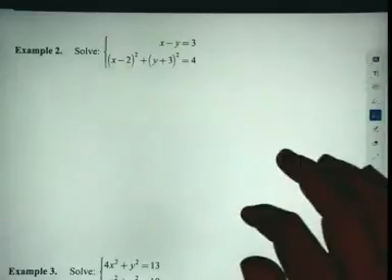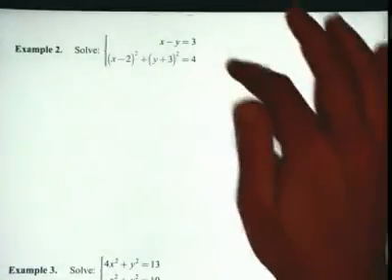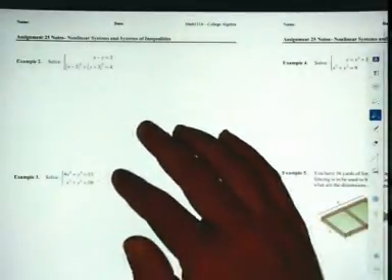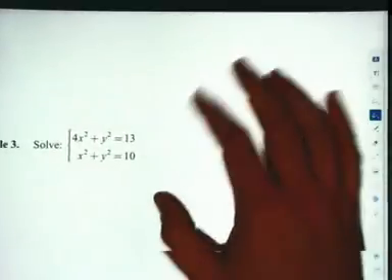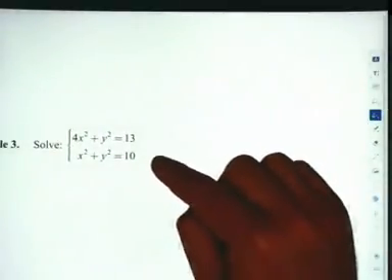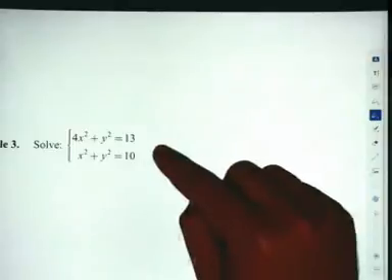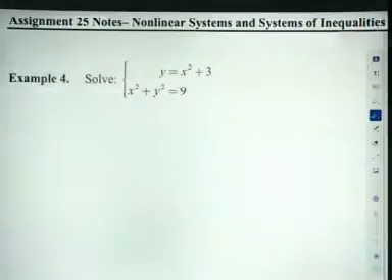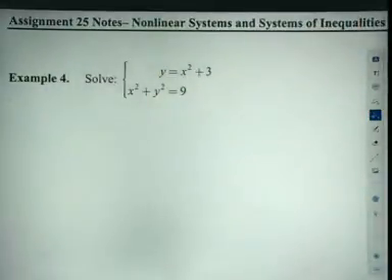Same thing for example 3. I've already done this problem in the 9 o'clock class, so go to the 9 o'clock video to watch me work out this example. I did not do example number 4. So let's do example number 4 together.